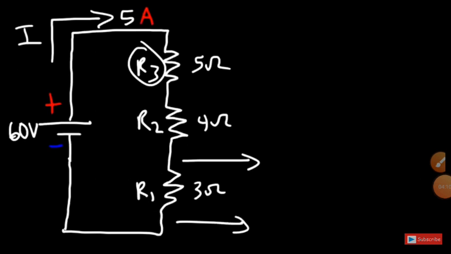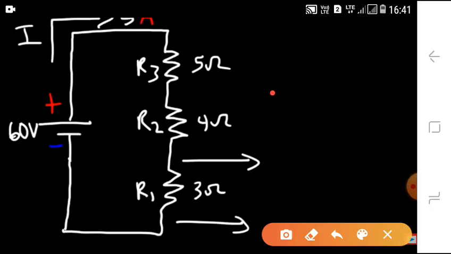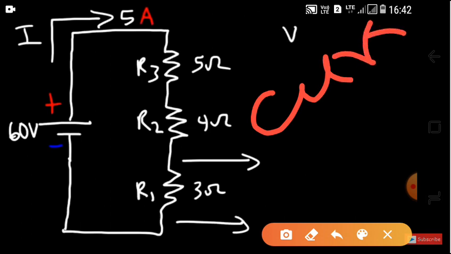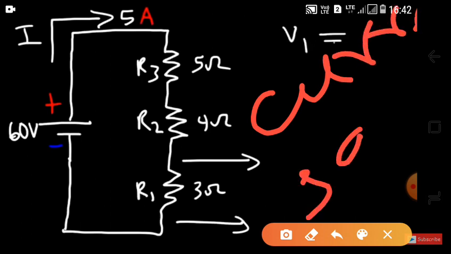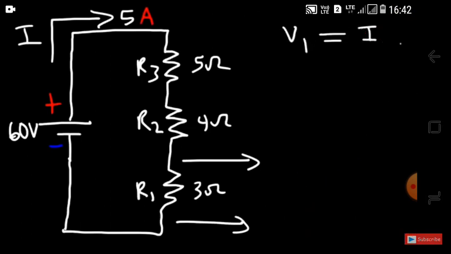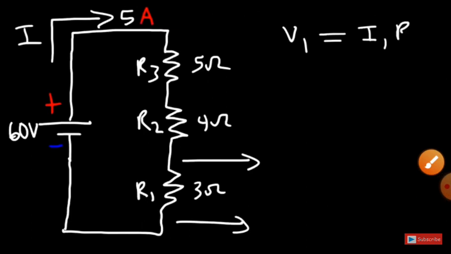Because there's only one path for the current to flow, it's going to be the same, 5 amps. So to find the voltage across the first resistor, we can use the current that flows through the first resistor times the resistance value of that resistor. So we're using Ohm's law, but in a different way.